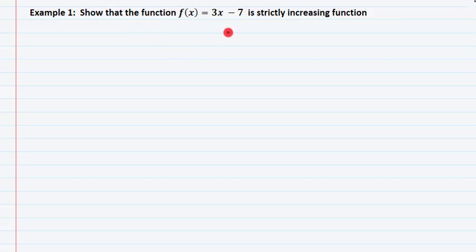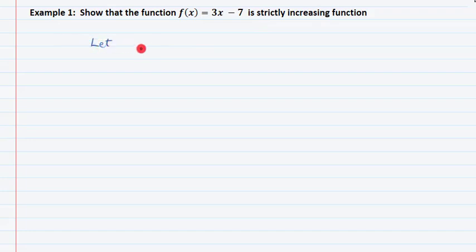As we know, for the given function, if for two values of x, let x1 and x2, such that x1 greater than x2 implies the result f(x1) greater than f(x2), then the function is strictly increasing. So we'll use the same concept over here to do this question.